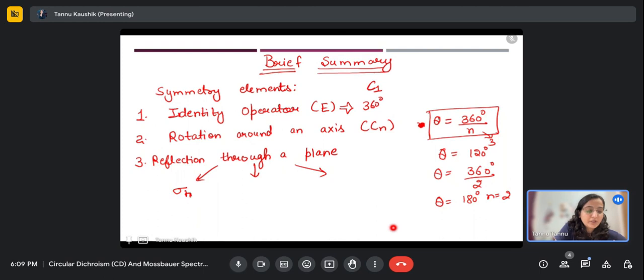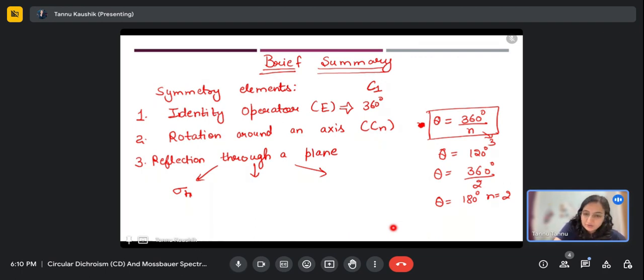For example, if a molecule has a C3 rotational axis also and C2 also, then the principal axis will be C3, because around the minimum rotation, that is 120 degree as compared to 180 degree, we are getting an equivalent configuration. So that will be the principal axis.